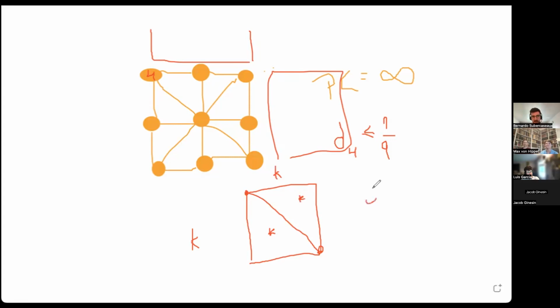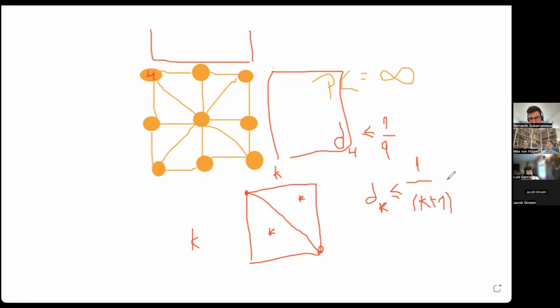So this gives us an upper bound on the density of color K. Actually, we can do something slightly better than what I said and do a K plus 1 square.